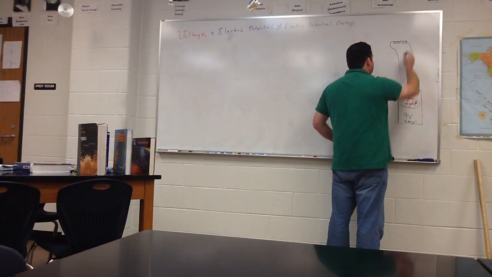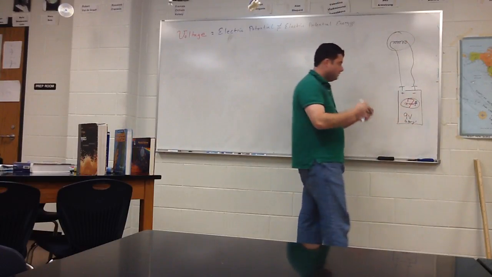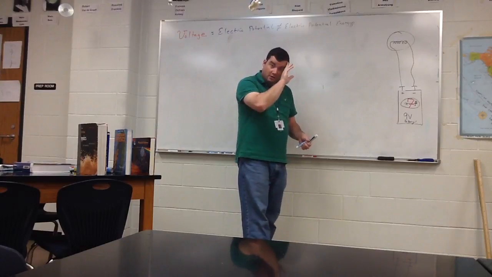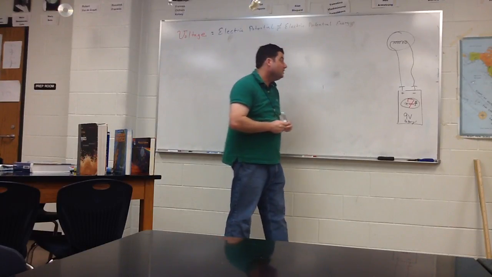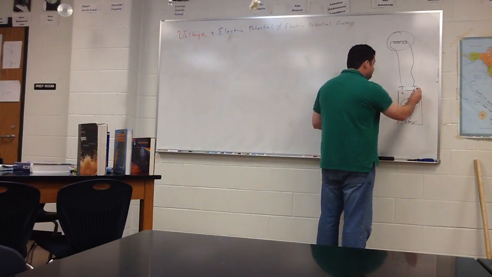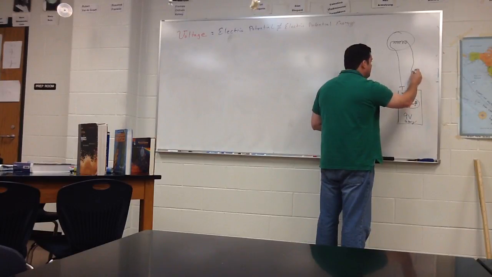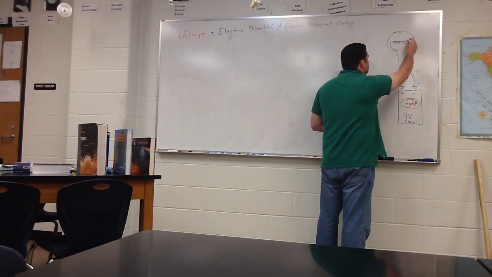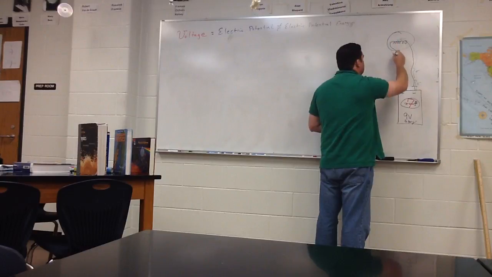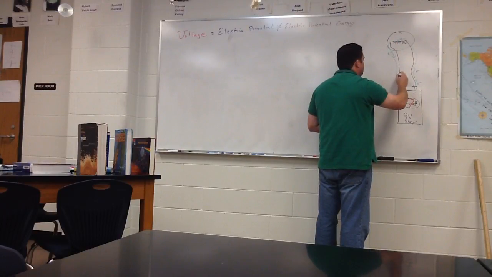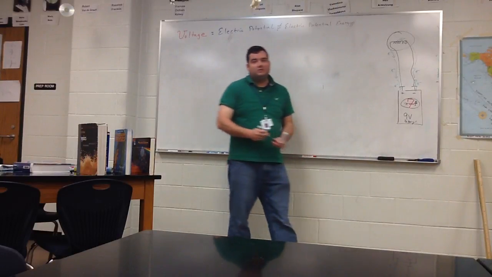A light bulb is just a coil of wire, and it's in a glass tube, obviously. When I hook this up, electrons are going to move through the light bulb in that fashion.